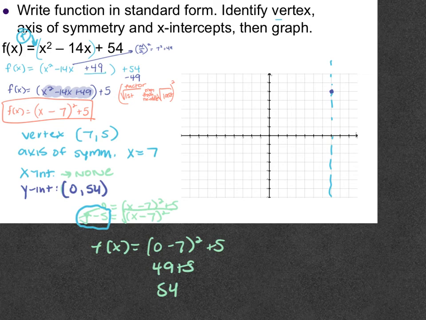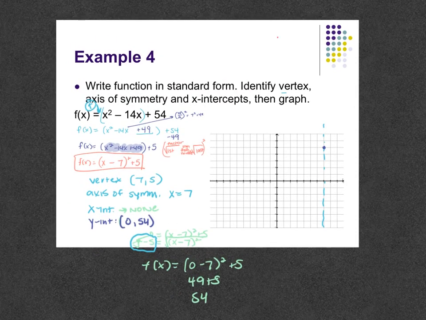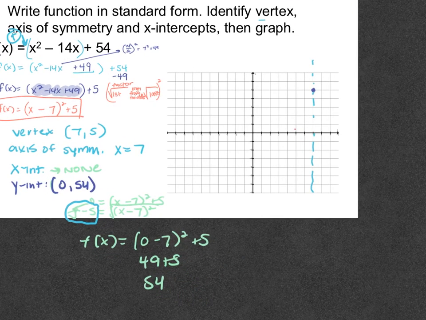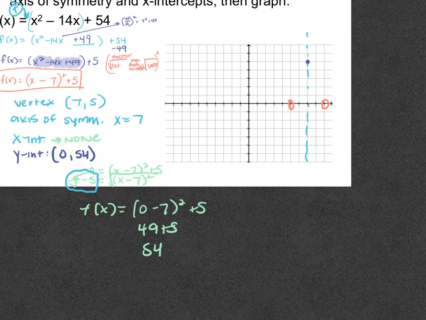So as is, I don't have enough information to plot. I'm going to suggest not plotting your y-intercept, which is all the way up here at 0, 54, but simply plugging in some additional points. So let's say I go back 2 and right 2. If I plug in 5, I get f of x equals 5 minus 7 squared plus 5.